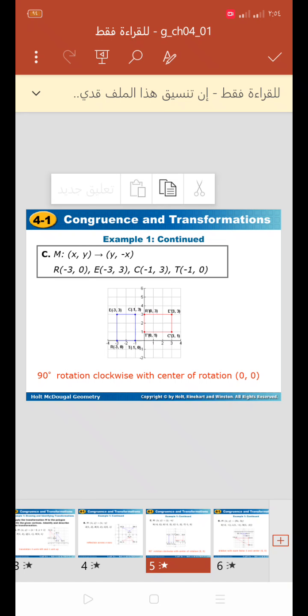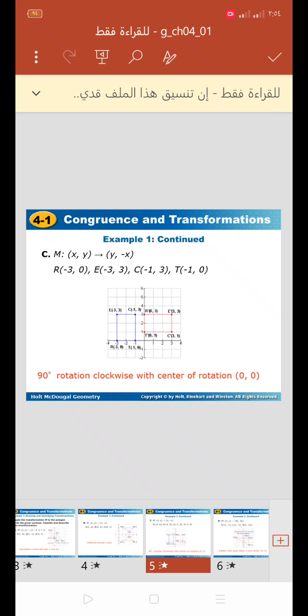So swap the coordinates and change the sign for x. For example, for R dash, I make the transformation for R. I swap between y and x and change the sign for x. It will be (0, 3).